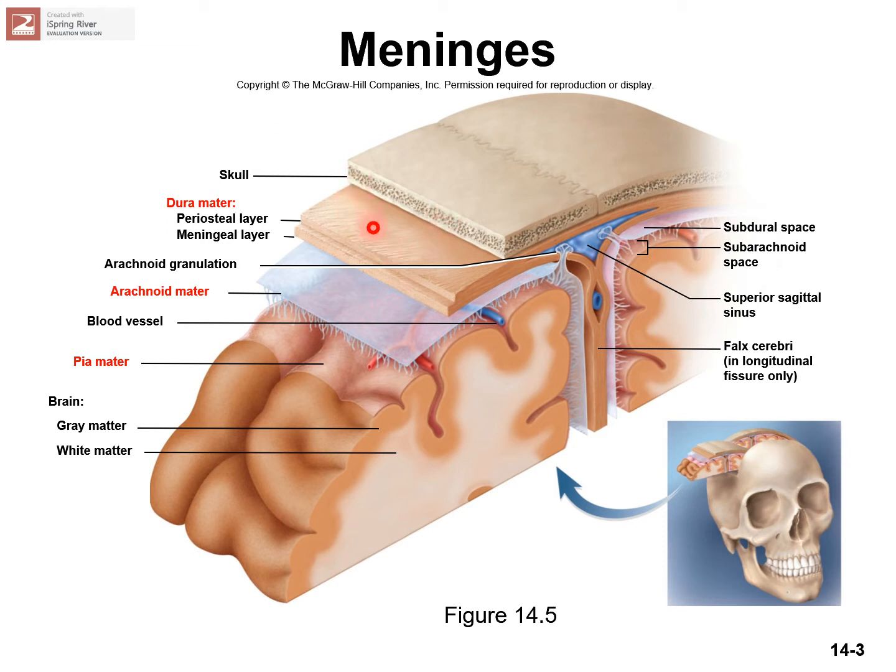Right under the skull, we have the dura mater, which is made up of the periosteal layer, superficially located, and then the meningeal layer. The periosteal layer is continuous with the periosteum of the bone. If you remember, the periosteum is a layer of connective tissue on the outside of the long bones and all bones.